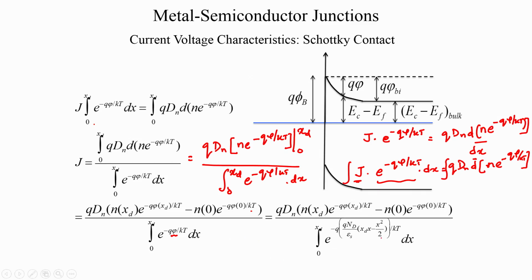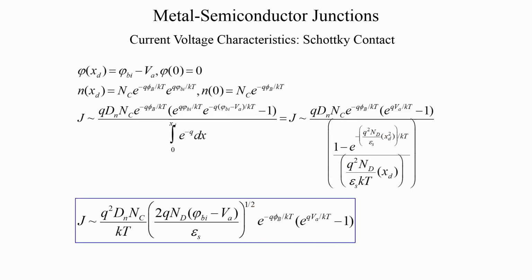We are going to make that substitution and rename our denominator to this term here. Okay. So, now what we need to do is identify what is the carrier concentration at x d, the potential at x d, the carrier concentration at x equal to 0, and the potential at x equal to 0. And if you identify these 4 terms, you have your numerator. So, the potential at x d, this is the band bending.